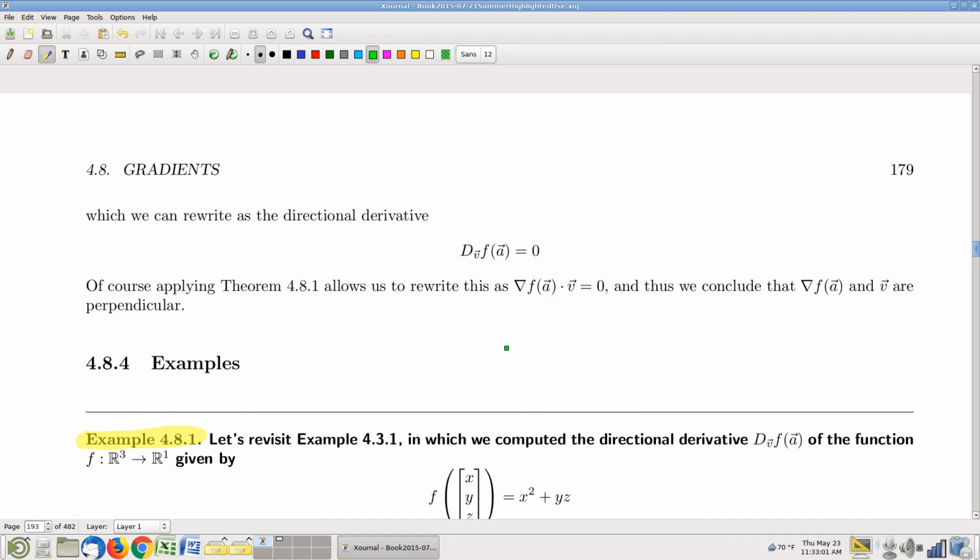That means that I know that this dot product with the gradient is 0, and we all just get a knee-jerk reflex reaction. Dot product equals 0 means perpendicular, and we win. Right? So we've just showed, as required, that the gradient is perpendicular to that tangent vector. Okay. All right. So a few quick examples.